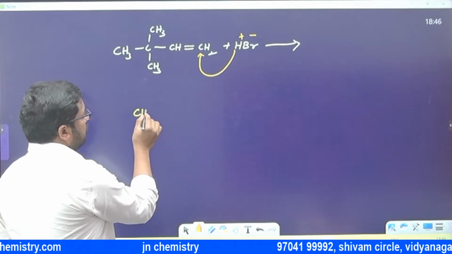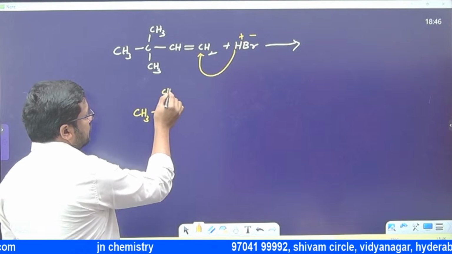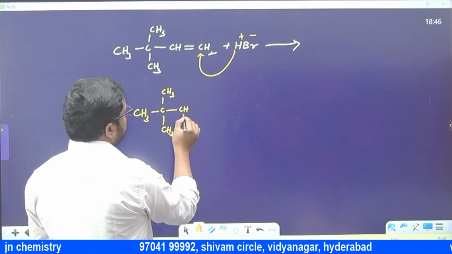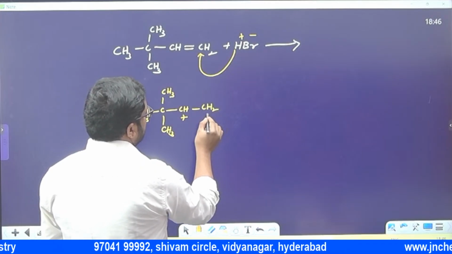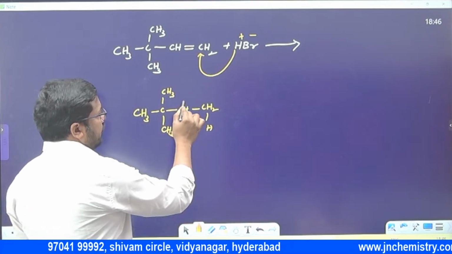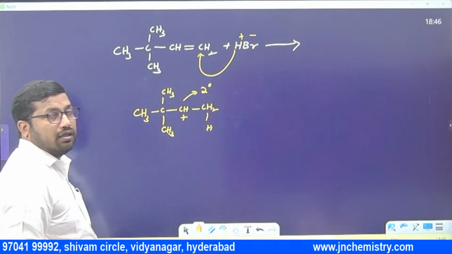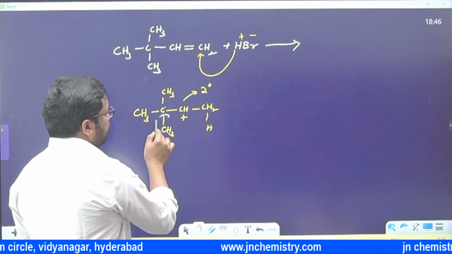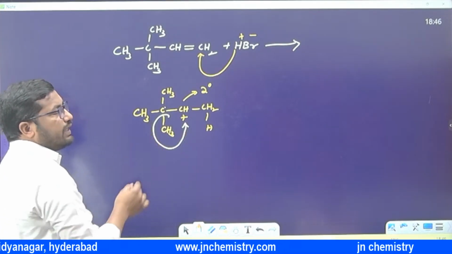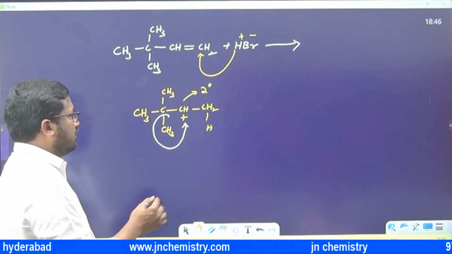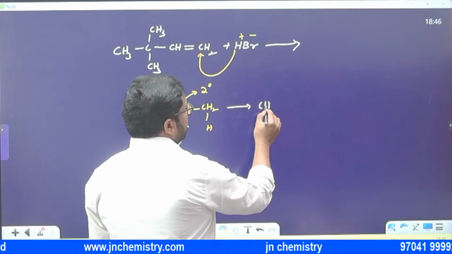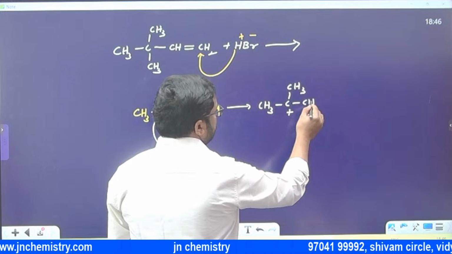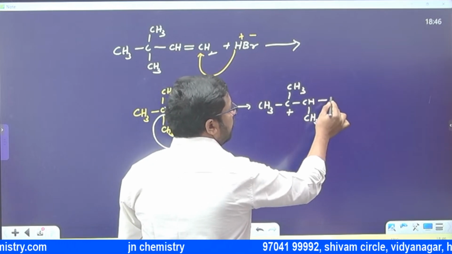So first (CH3)3C-CH plus-CH3. This is a 2 degree carbocation. Now, if we do the methyl shift here, it becomes a 3 degree carbocation. So keep writing simultaneously like this.